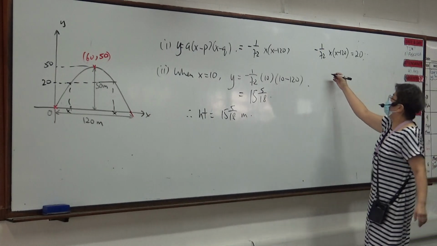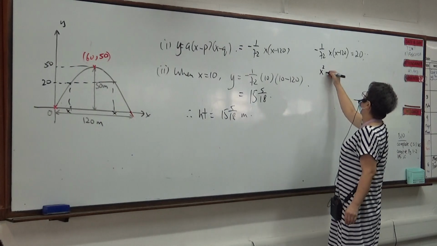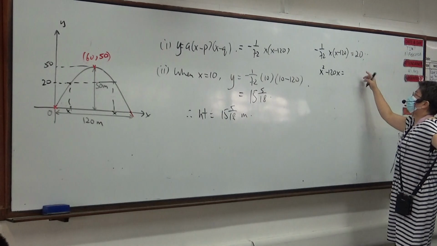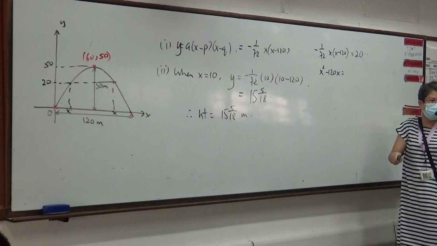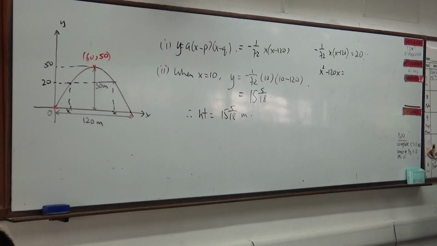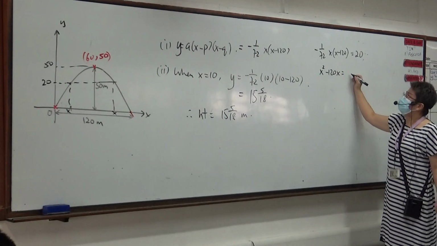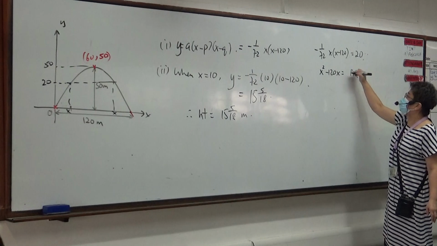Okay, so I'm going to simplify this. This one will become x squared minus 120x equals, all of you please multiply for me, what's 20 times 72? 1440, and it's a negative, right?